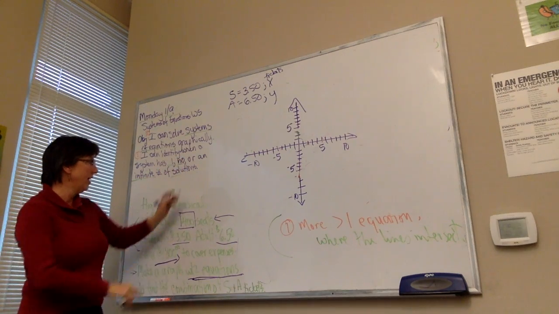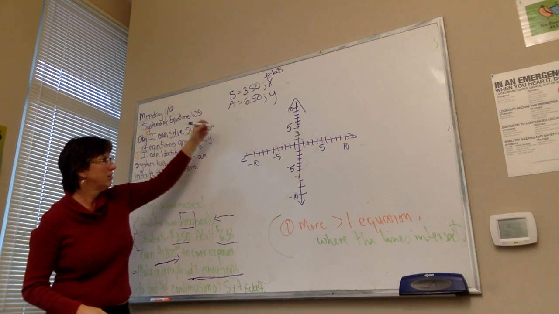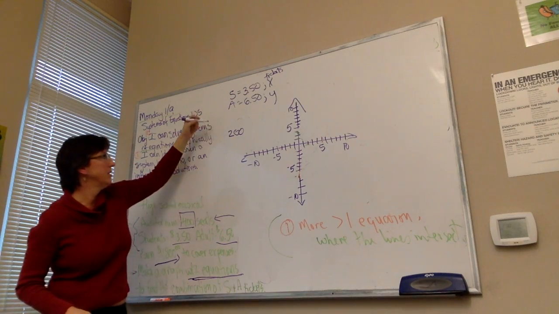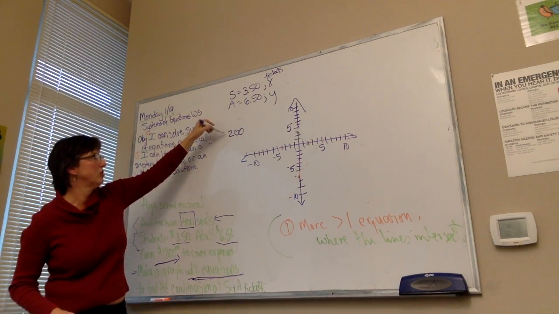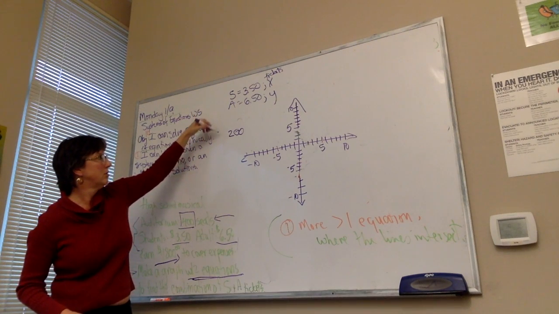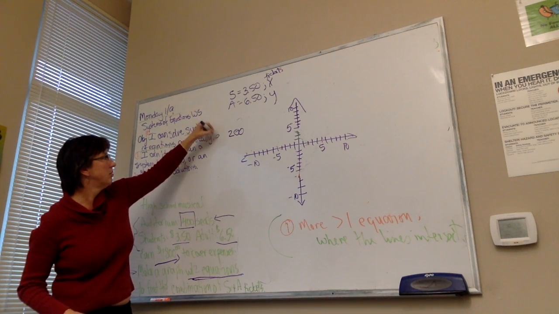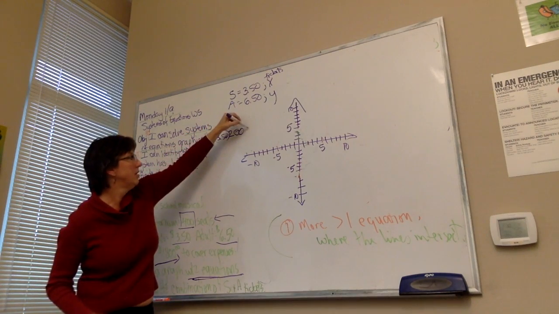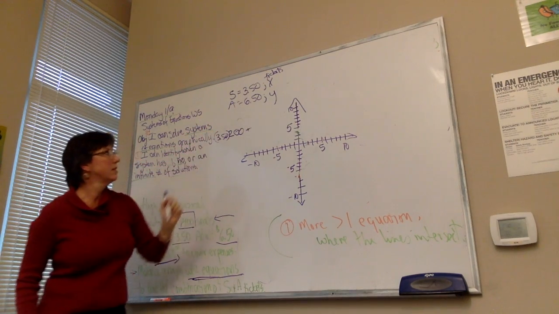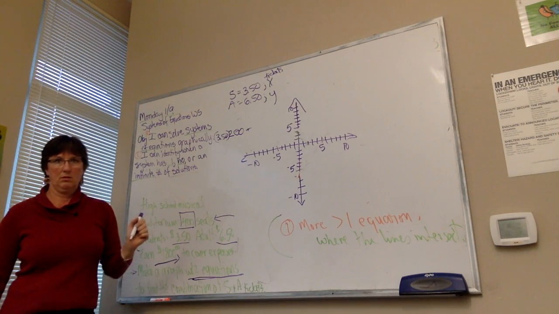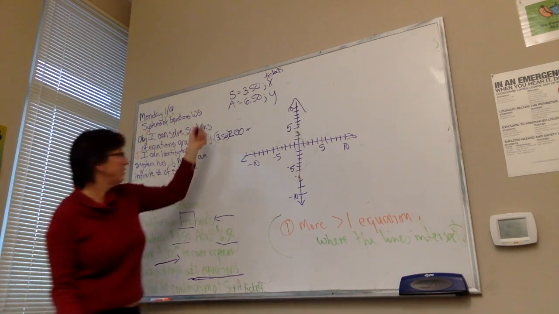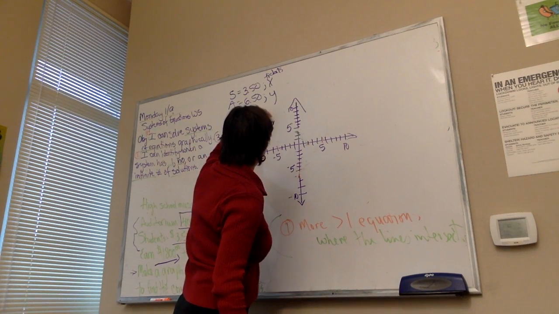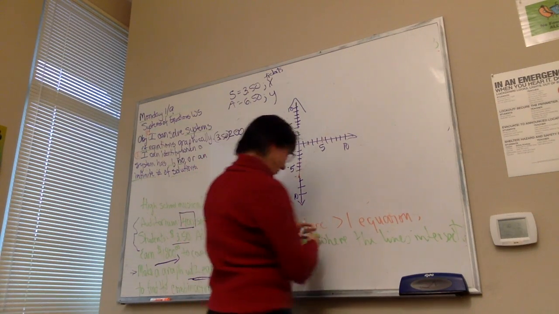So if we had 200 student tickets, what would we charge? 350 times 200, plus 650 times 200.